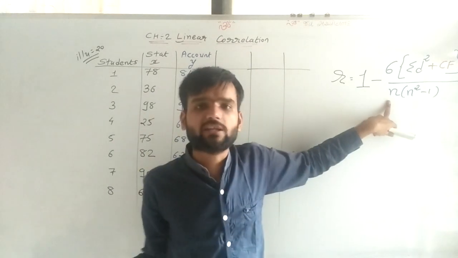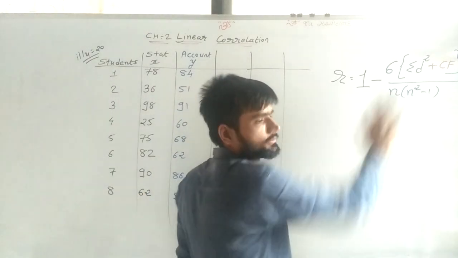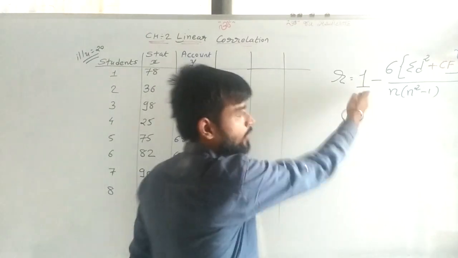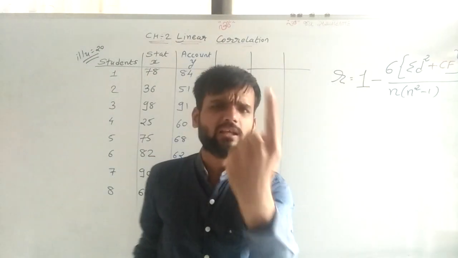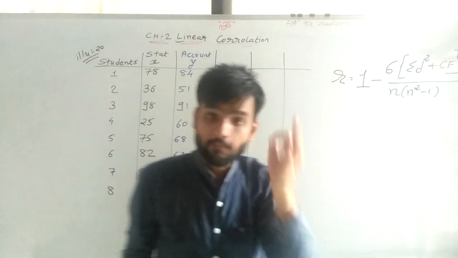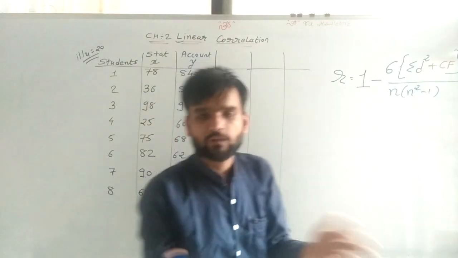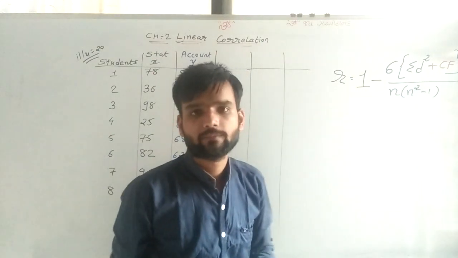So n square minus 1 is 8 square minus 1, which is the denominator. We know 6. Only one thing is missing. We are discussing CF later. But the main thing, without which the sum is not possible, is d square.